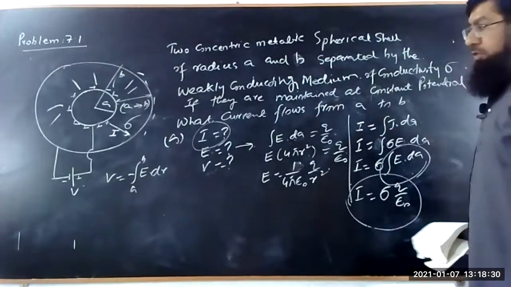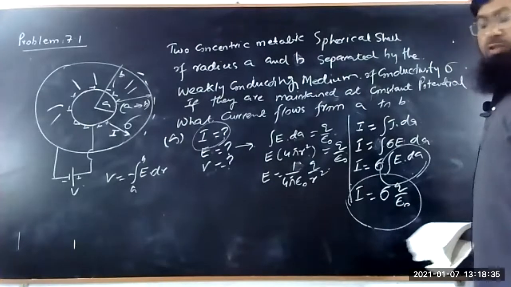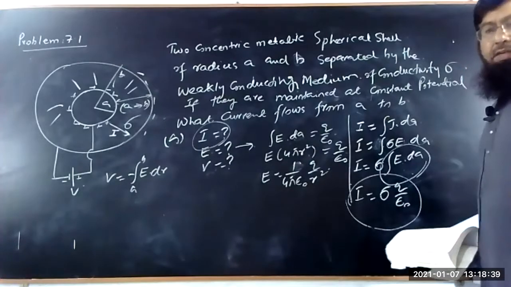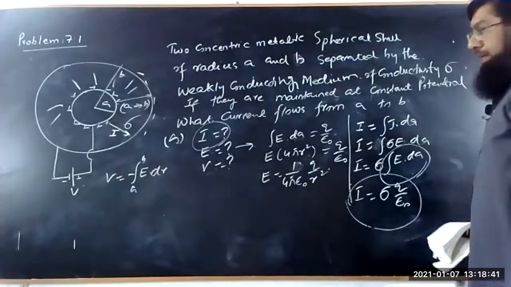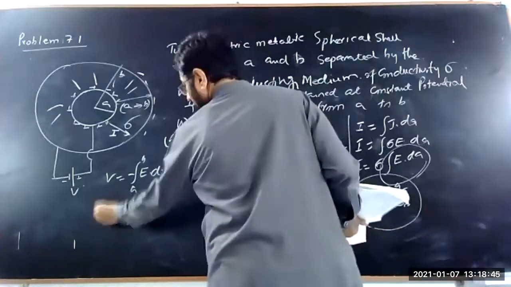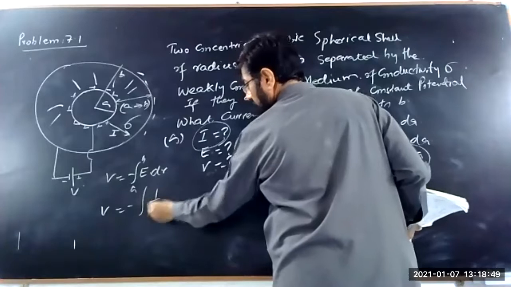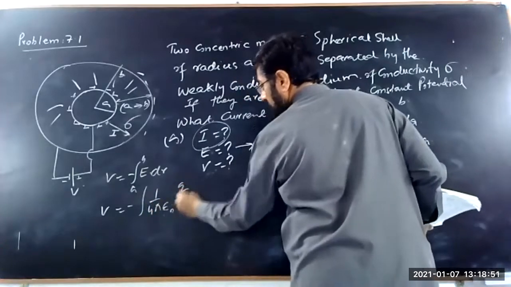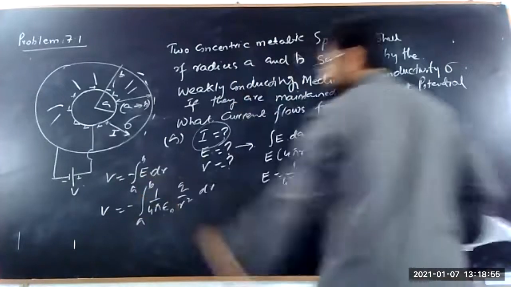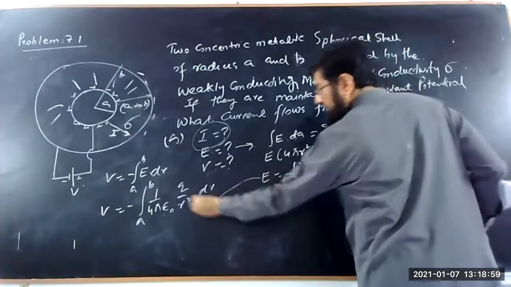This negative sign shows that work is done against the electrostatic force. So E is equal to 1 upon 4 pi epsilon naught Q upon r square, and the integral is from A to B. I have just substituted the value of E.